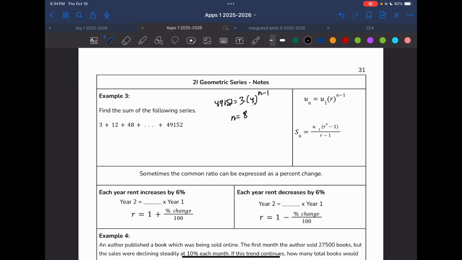All right, so now that we know that n is 8, we're going to take our formula over here. So we know that S8, the sum of the first 8 terms in the series, is going to be U1 times r to the 8th minus 1, and all of that over r minus 1. So all of that over 4 minus 1.